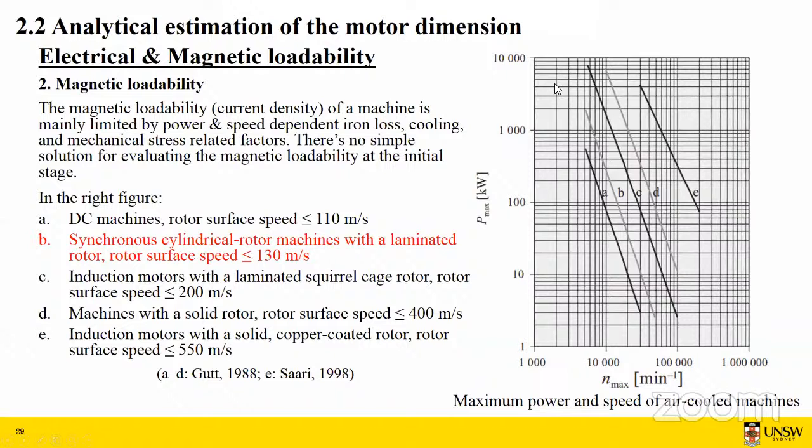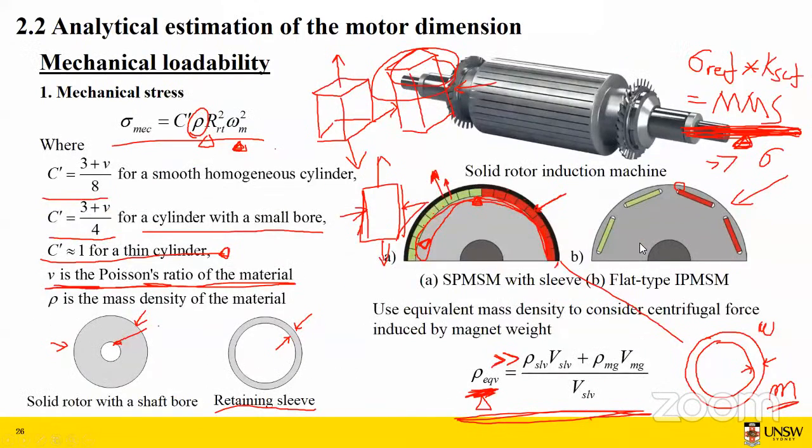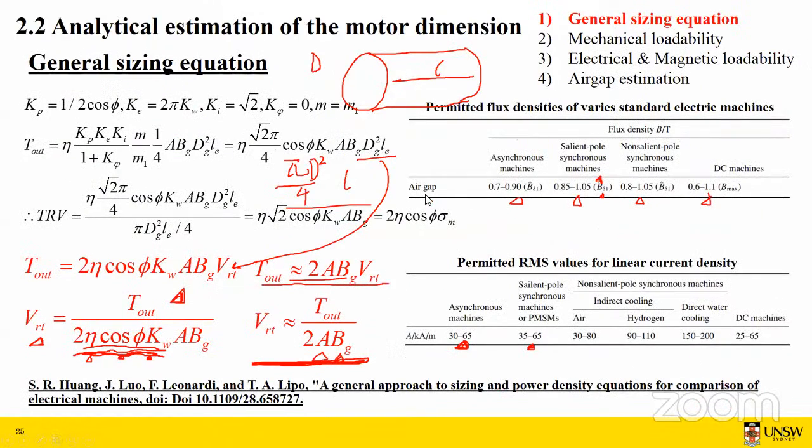And this is the magnetic loadability of the machine. Similar to the electrical loadability, it is affected by many factors: the power, speed dependent iron loss, cooling, and even mechanical stress. So we can't accurately estimate exactly what the magnetic loadability of a machine is, but we have in the previous table the suggested air gap flux density.